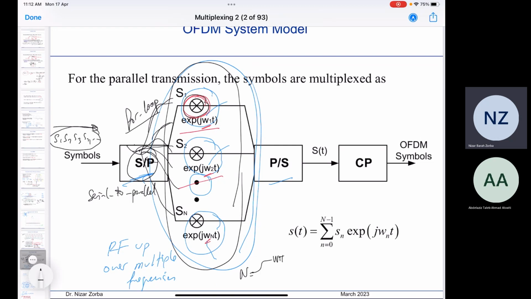An example, Wi-Fi or 4G. 64 for Wi-Fi, 512 for 4G, at least in Qatar, and many countries in the world. They have a Wi-Fi, 4G system with 512 subcarriers.